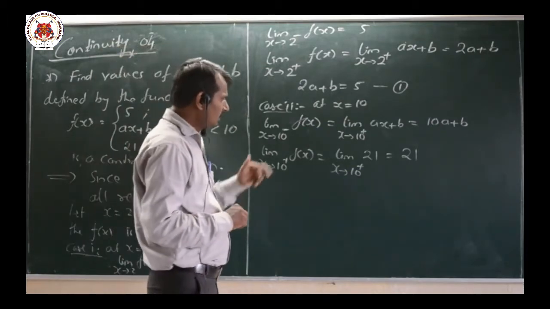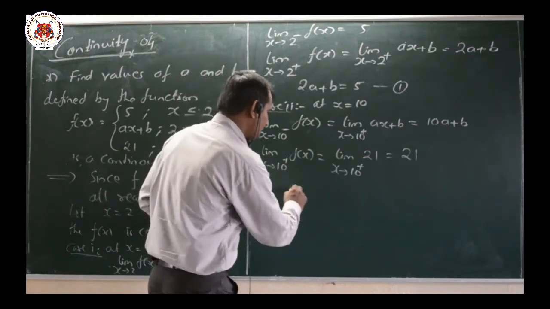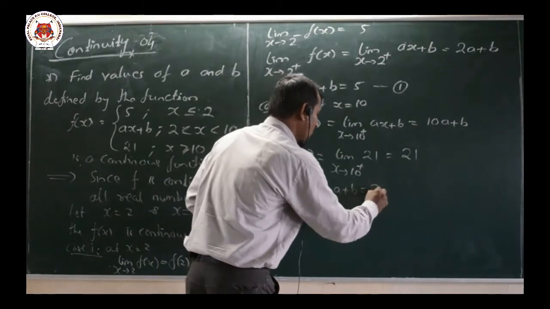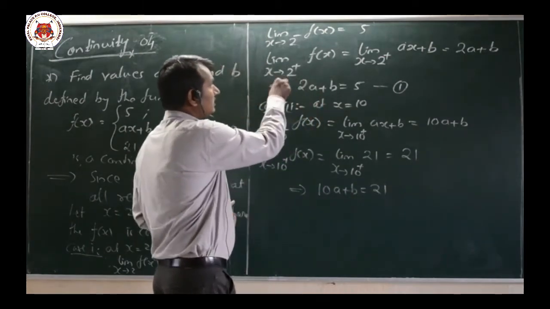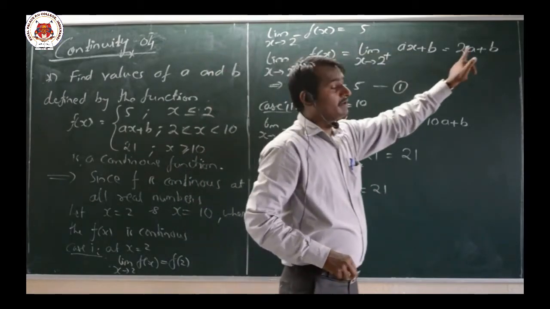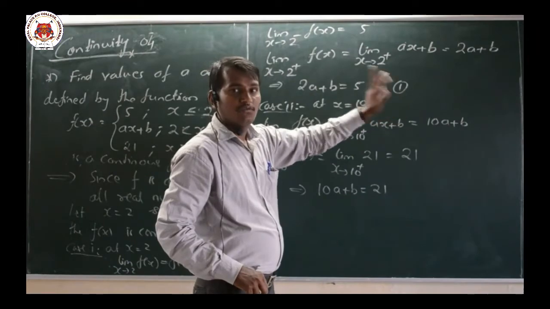Here also the left hand limit is equal to the right hand limit, therefore we get the equation 10a plus b equal to 21, equation number 2. Earlier we had 2a plus b equal to 5, equation number 1.